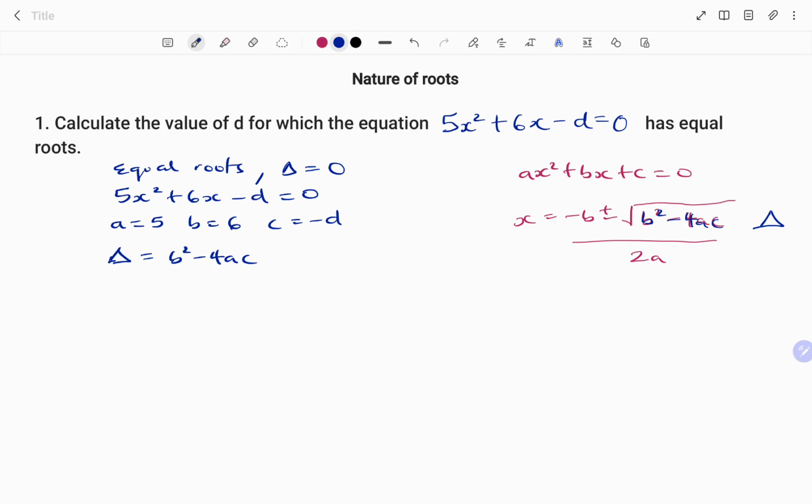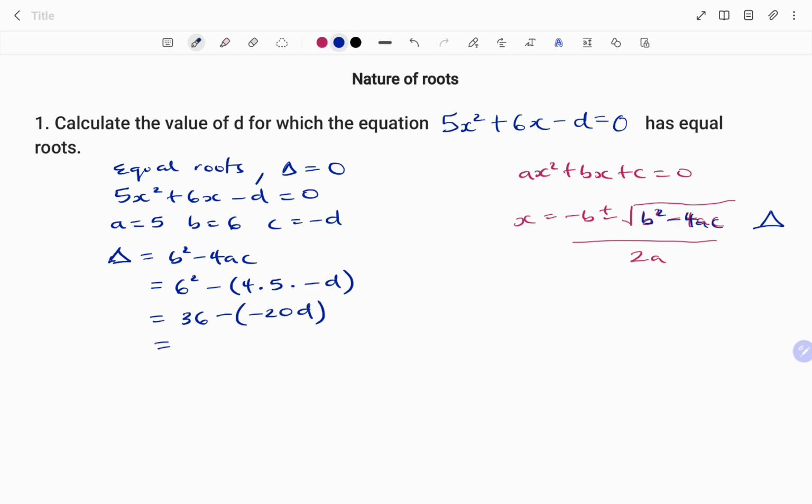So going back to our question, b squared will be 6 squared, minus 4 times a, that's 5, times c, minus d. That will give us 36, then 4 times 5 is 20, times minus d, that's minus 20d.